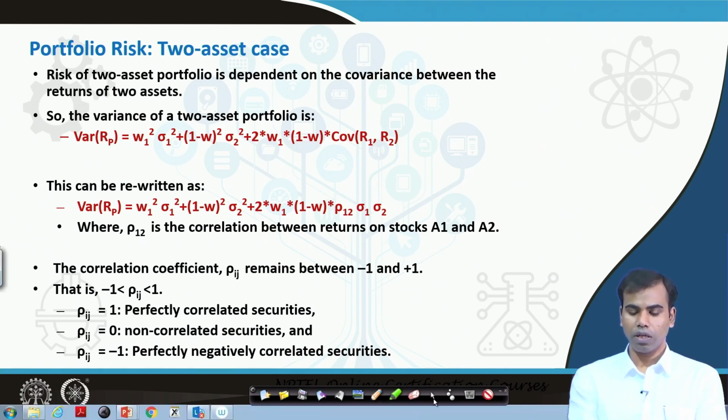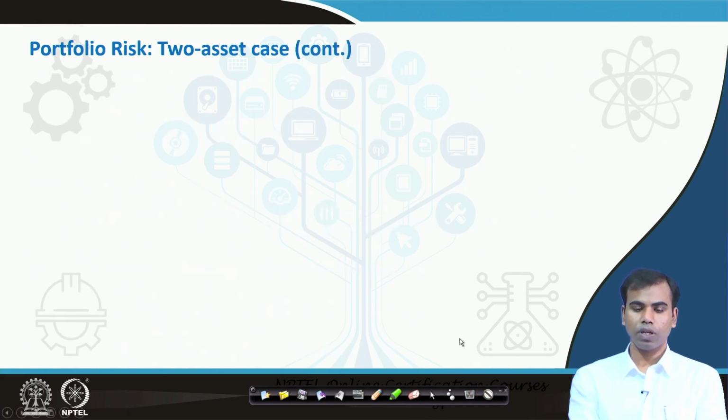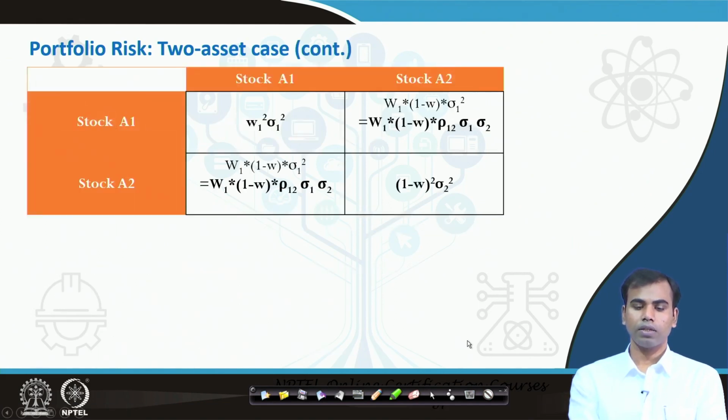In this way, we can showcase the two asset case, let us say stock A1 and stock A2, for which we have expressed how we can calculate the risk associated with each of the scenarios.